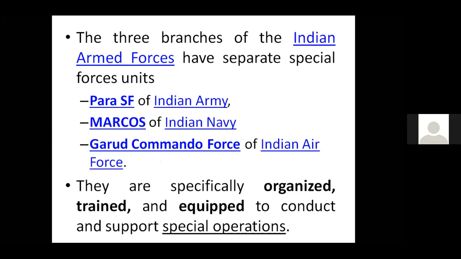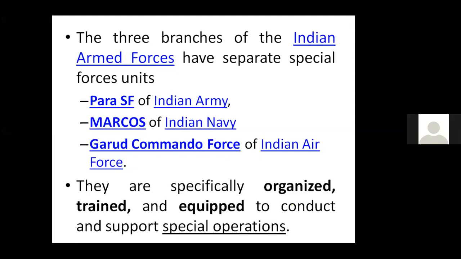And not only trained, this is the basic difference you can find, but also equipped with modern battlefield equipment. For what purpose do they require this kind of equipment? In order to conduct special operations.